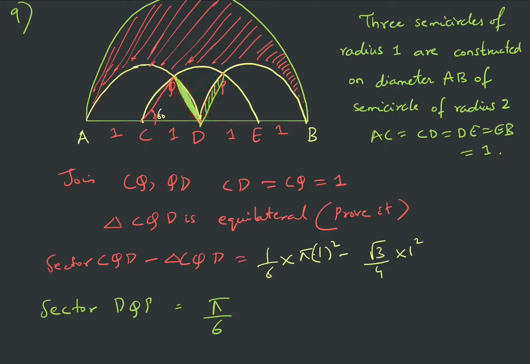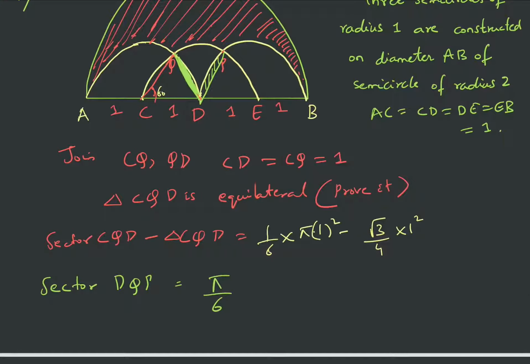Okay, so now to get the final answer I am just subtracting these two areas, that is this times 2. So this entire thing times 2. Okay, so I have taken the area of sector DQP and I have subtracted these two smaller areas, and I have achieved the area of this figure.